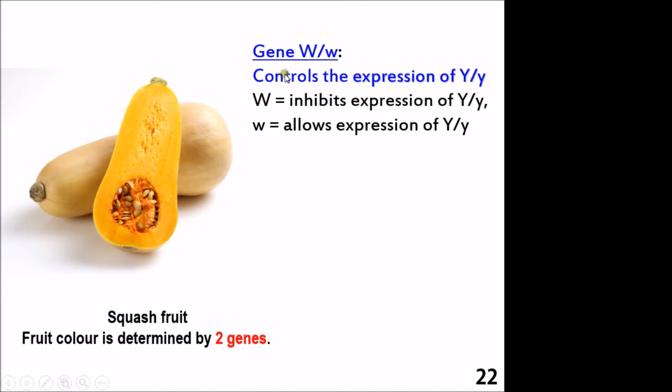Okay, so gene W. For the pumpkin, the squash, right? There is a gene W locus. Now, this gene locus controls the expression of another gene locus Y. If you have a big W on gene locus W, you will inhibit expression of alleles on another locus Y. Whereas if you have small w, you allow expression of the alleles of the other locus.